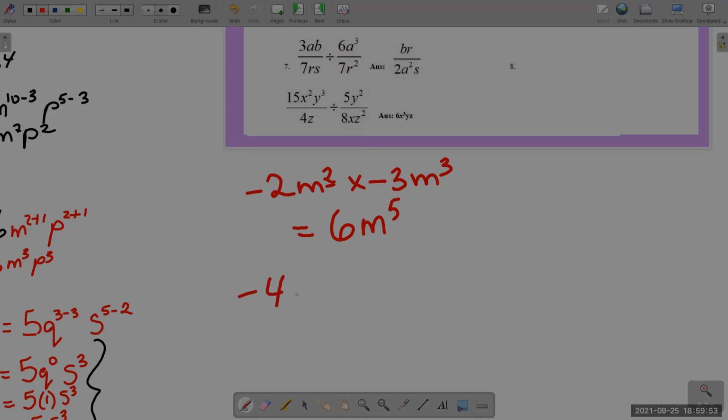Minus 4p squared times minus 3m squared. So let's go. Try this one for me.